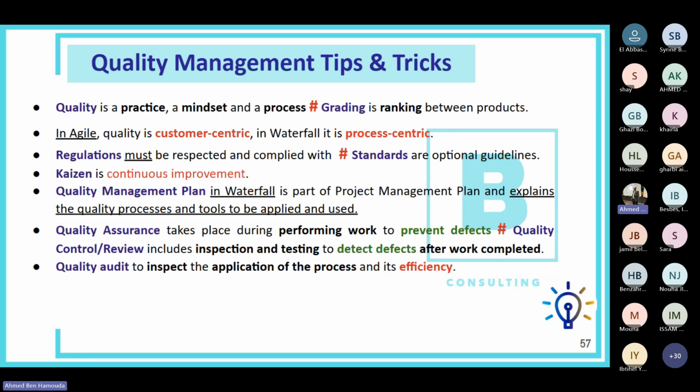in the project. Okay. Now, it's very important to understand the difference between quality assurance and quality review. Quality assurance is a proactive process that takes place. Let me add it here.